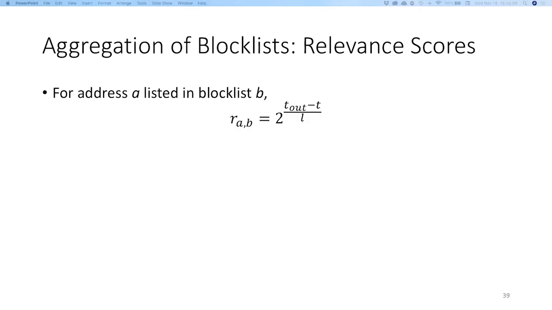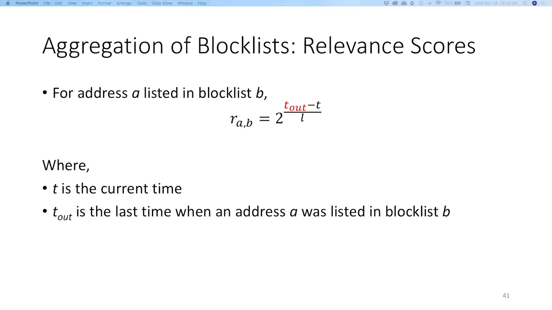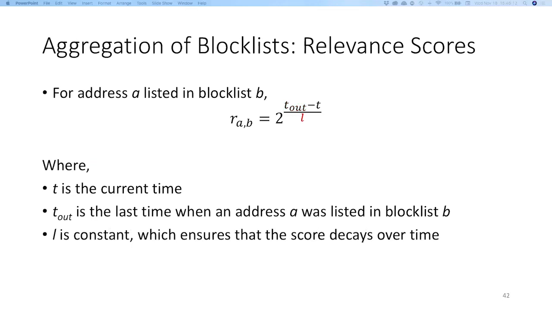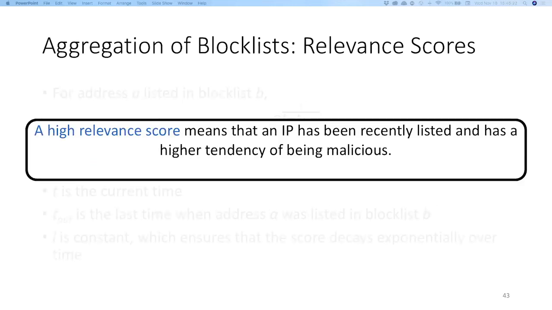This is the formulation of the relevance score for an IP address A listed in a block list B. Here, T is the current time, T_out is the last time when the address A was listed in block list B, and L is a constant which ensures that the score decays over time. So in a nutshell, a high relevance score means that the IP address was recently listed in a block list. And if the score is low, it was listed way back in the past.